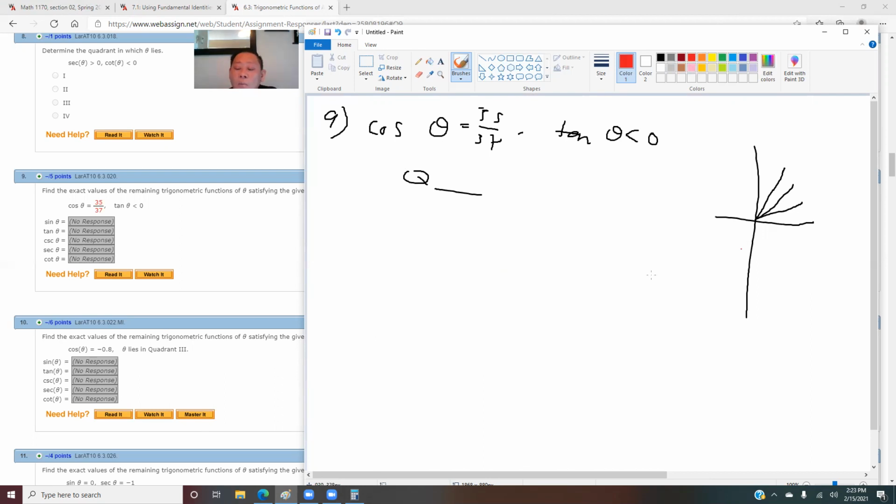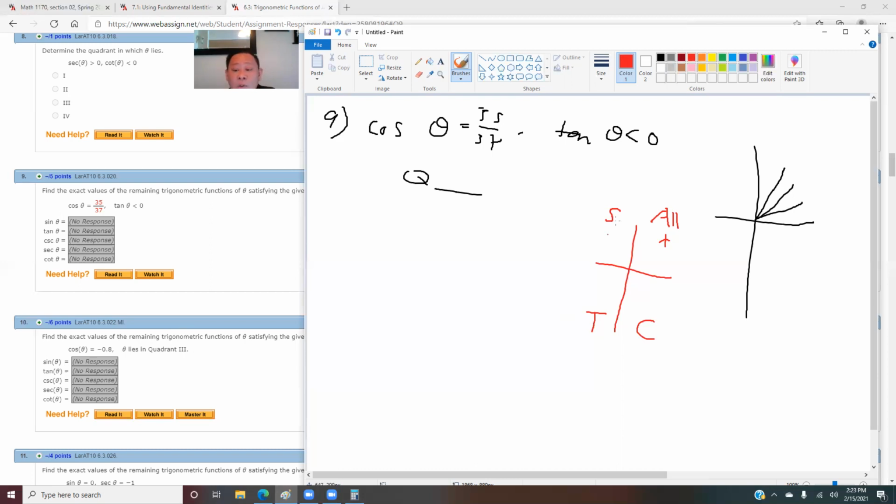Okay. So mostly what you do here is you have to know "All Students Take Calculus." Do you know what this stands for? ASTC? This means that in quadrant 1, all are positive. That means all 6 trigonometric functions, sine, cosine, secant, cosecant, everything is positive in quadrant 1.